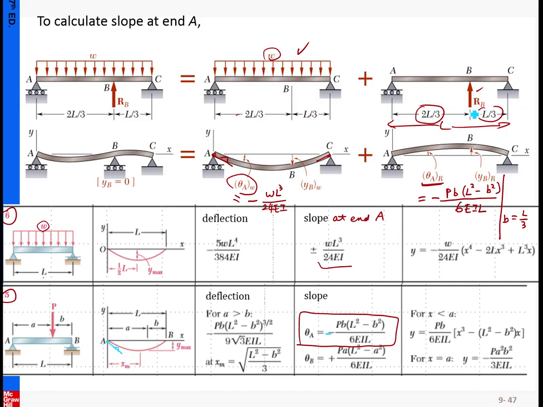However, for this case the loading is upward, so when we apply this pattern, it produces a positive slope. So here we have to change the sign. That is the last one I came up with. We need to pay attention: when we apply the patterns from the appendix, you need to adjust accordingly. For example, here the loading is upward and the loading is negative, so you need to change the sign here.